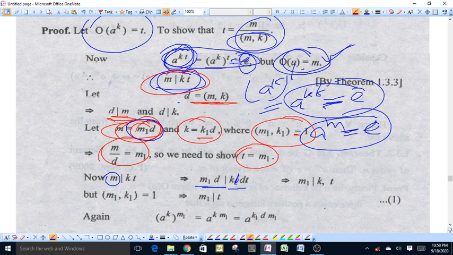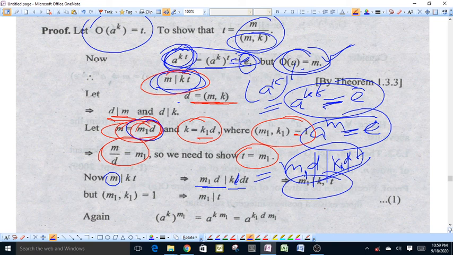Putting the value of k, this will be m1d divides k1dt. Cancelling d, m1 divides k1t, but m1 and k1 are co-prime, that is the GCD of m1 and k1 is equal to 1.